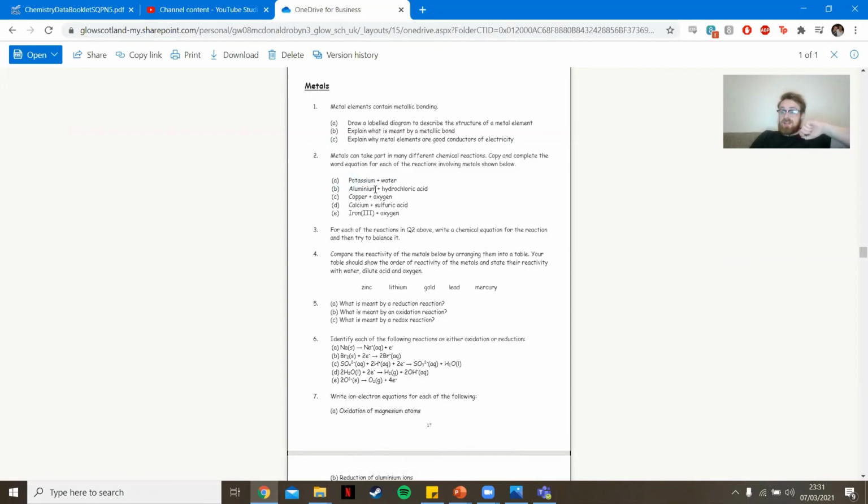Remember, if it's reacting with acid, you have the salt formed plus hydrogen. So remember how to name the salt. You've got the metal plus, if it's hydrochloric acid, it'll be a chloride salt plus hydrogen. If it's reacting with oxygen, there's no side products, it's just the metal oxide. Okay, and that's the three reactions.